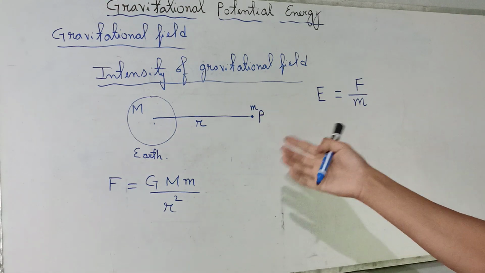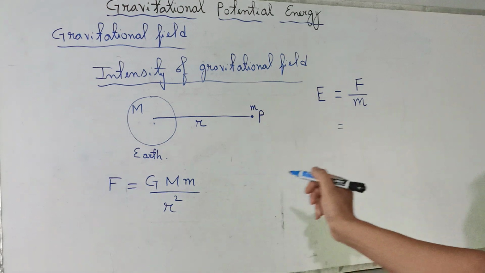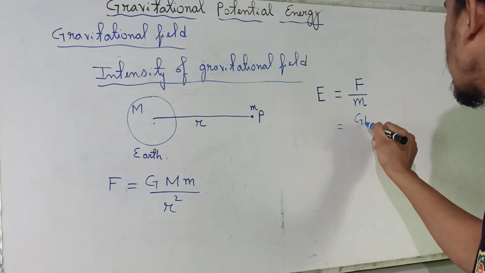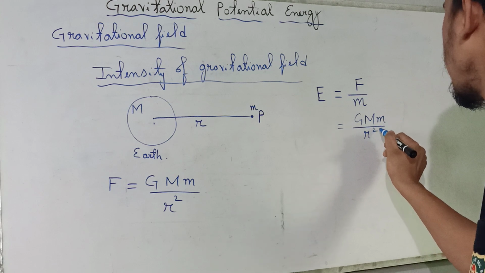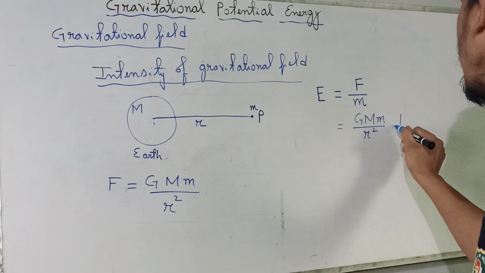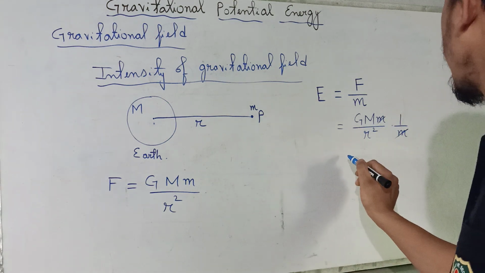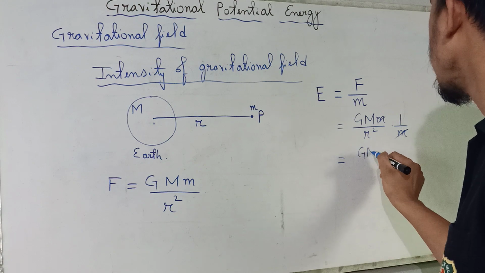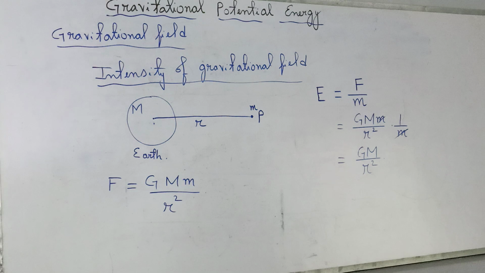That means the test mass has a mass of small m. So the force is now given by G M m by r squared, divided by m. So 1 by m. So this m cancels out. So we have here G M by r squared.